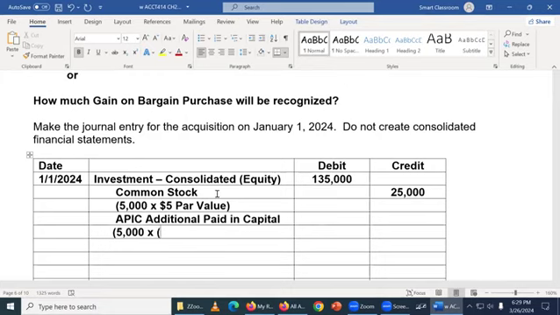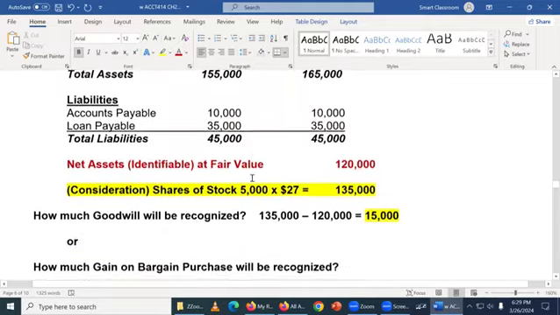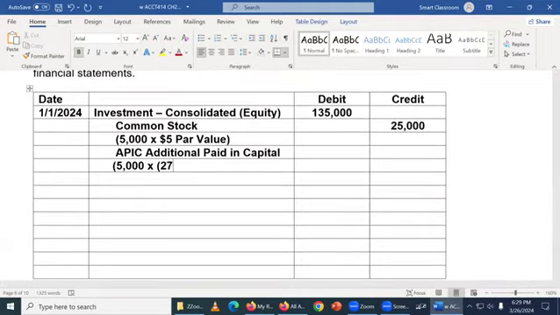It's $27 minus the par. So it'll be 5,000 times 27 minus 5, which is 22.